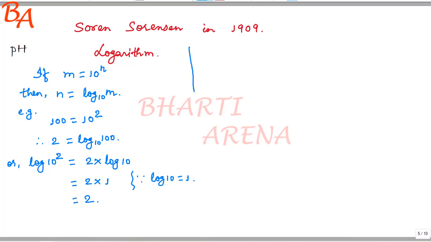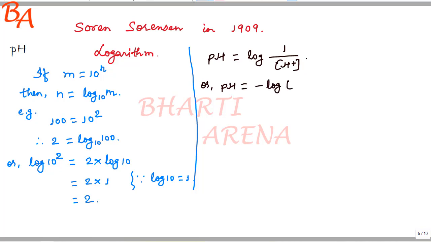Now pH. pH is the logarithm of the reciprocal of the hydrogen ion concentration, that is pH equals log 1 by concentration of hydrogen ion, or pH equals minus log concentration of hydrogen ion.